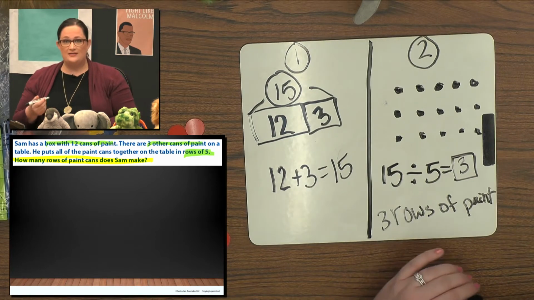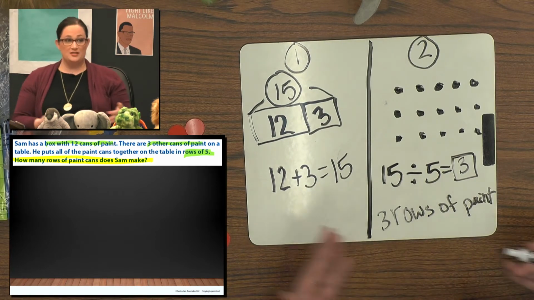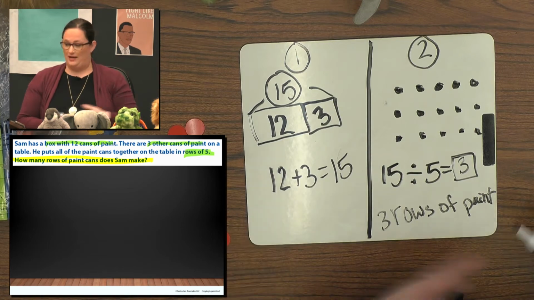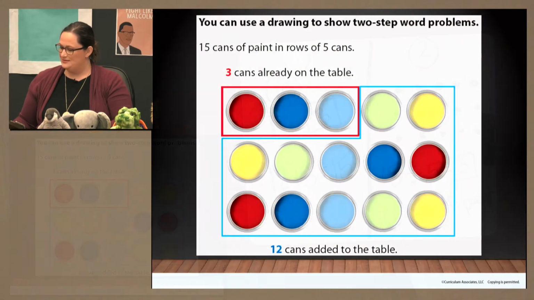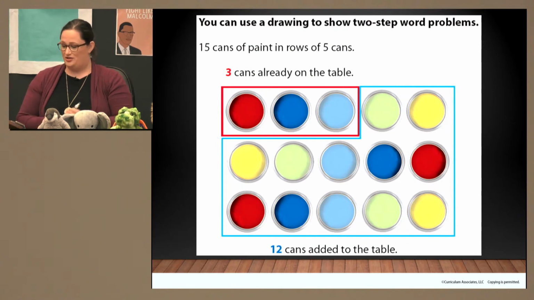Let's look at some ways you could have solved it. This is one way. It's not the only way. Mr. Kevin, can we get the full slide, please? So you can use a drawing to show a 2-step word problem. Take a look at this drawing. What do you see? Rafa, I see that too. I noticed that right here they circled the 3 and the 12.